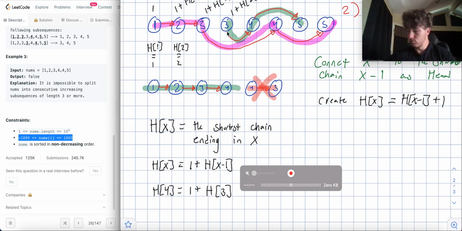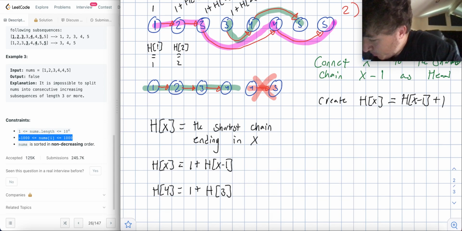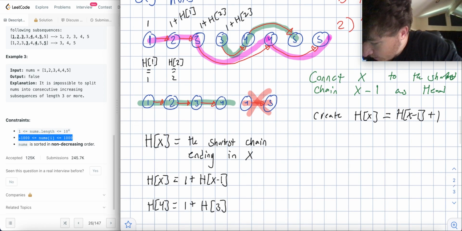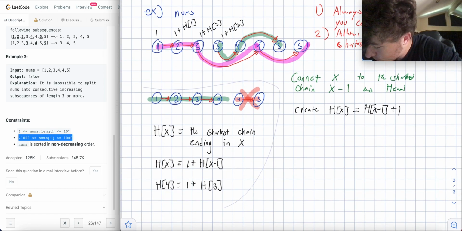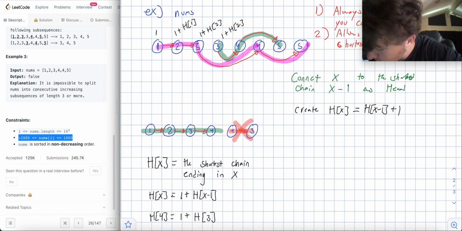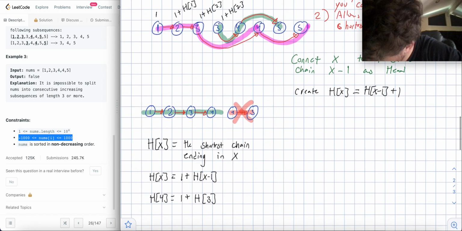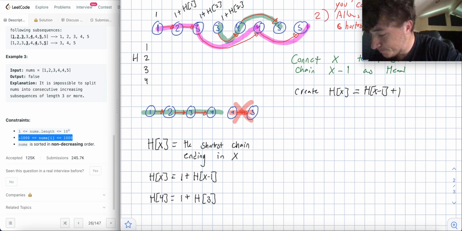So maybe we can learn this from an example, but let's say we have this H array for each of the values, so 1, 2, 3, 4, 5. So let's move this down. Okay, so what I'm going to do here is create this H array where it has the shortest value for each thing, right?